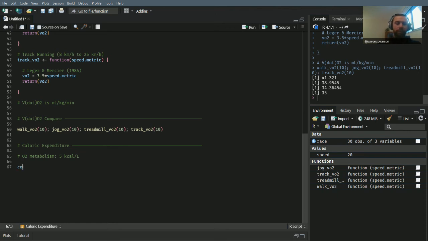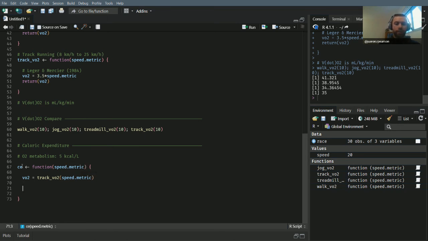So we'll use CE for caloric expenditure, and we're going to write our function. And again, we just need our speed in metric. So VO2, or this is V dot O2 that we're calculating, is track_VO2, with this individual running at whatever speed they're going.